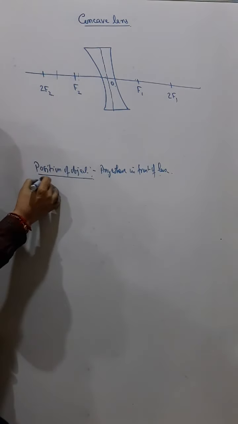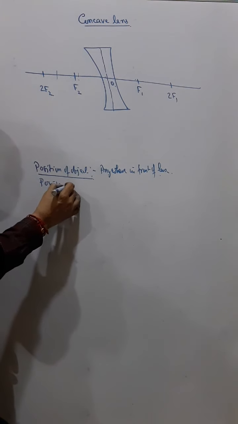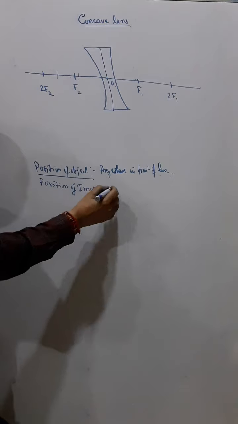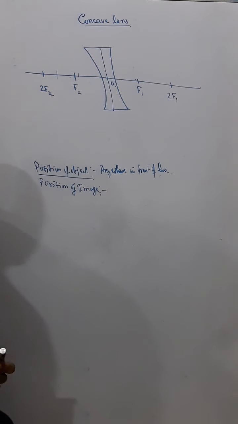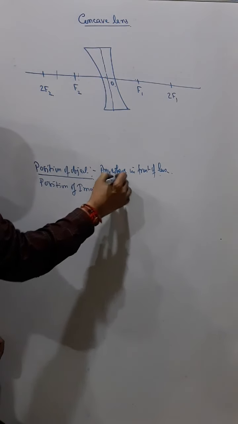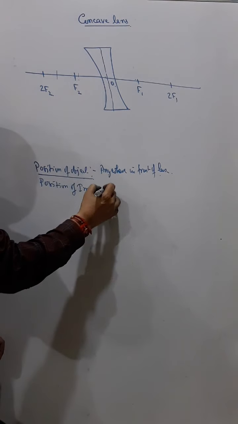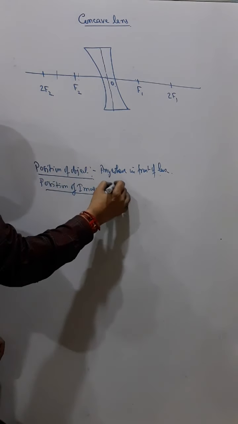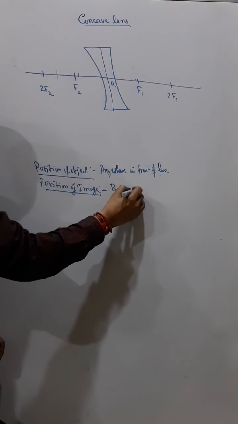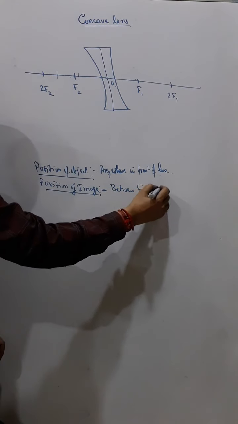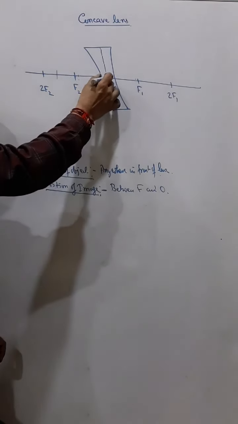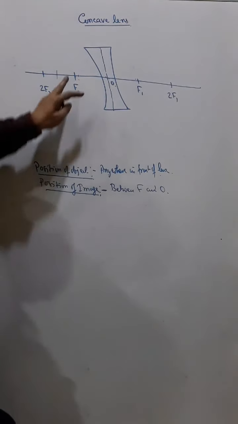The position of image is always between F and O, means between focus and optical center. So between focus and pole, the image will always be there.